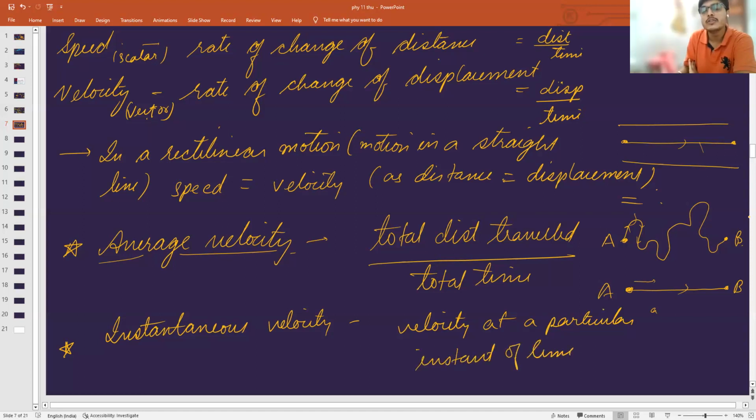You started traveling at 20 kilometers per hour and reached in 6 hours, but sometimes your velocity may have varied. You must have stopped, you must have accelerated. So what was the velocity at the 4th hour of your journey? What was the velocity at 2.5 hours? At that particular moment, you would give just one answer, like I was moving with 45 kilometers per hour. That is called instantaneous velocity. Understood?